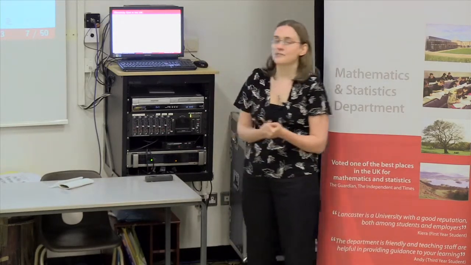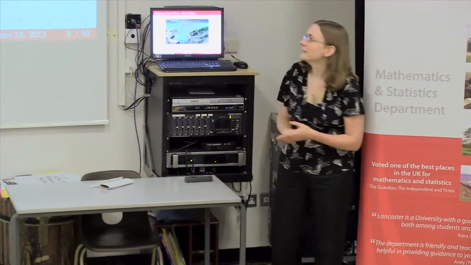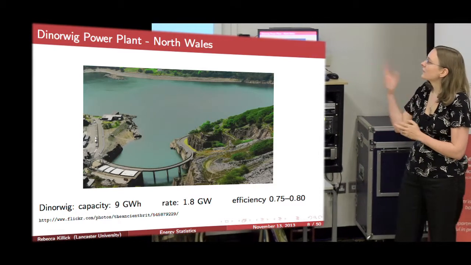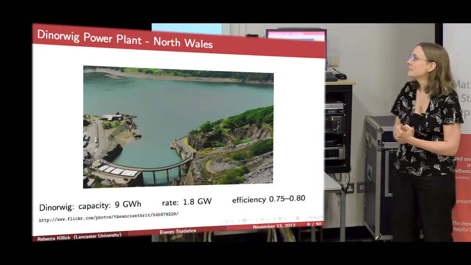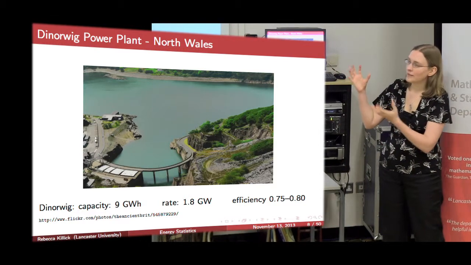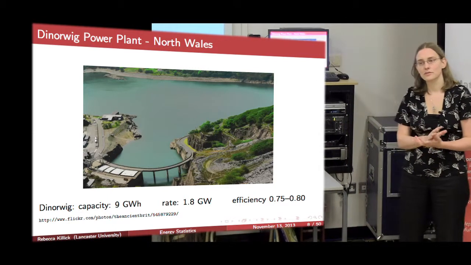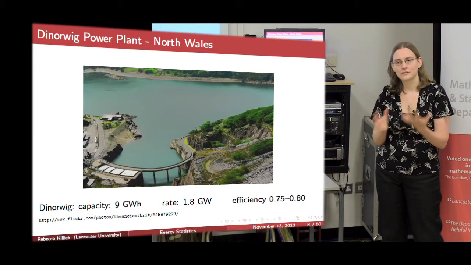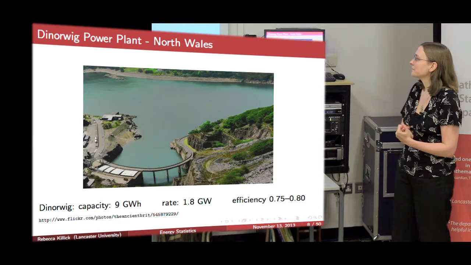And this hydroelectricity, especially with Norvig, which is in North Wales in Snowdon National Park, is the largest one in the UK. It's got a capacity of about 9 gigawatt hours, and when you open the floodgates, you get about 1.8 gigawatts coming through as the water comes through. So that can sort of stop this supply-demand gap of up to 2 gigawatts.